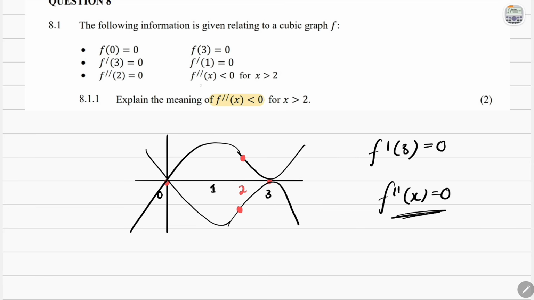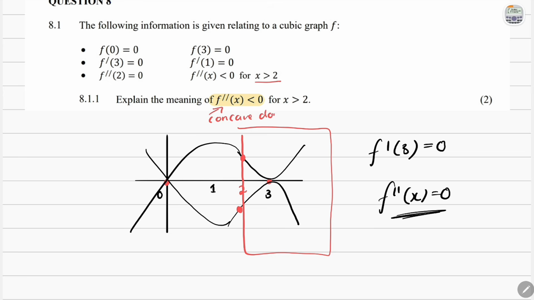And then they say that the second derivative of this function is less than 0, meaning it's concave down for values that are greater than 2. And this is going to help us to pinpoint what exactly this graph looks like. So the second derivative where x is greater than 2, so from here onwards, is less than 0, meaning it is concave down.